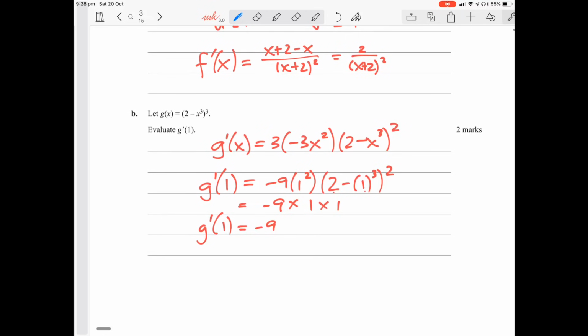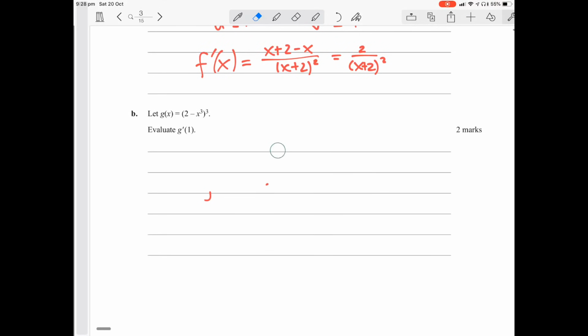G dash of 1. Of course here, I'll just quickly show you, you could have used the chain rule as well. Just for anyone who doesn't know how to do it the quick way. Okay, so let u equal 2 minus x cubed. Therefore, g equals u cubed. U dash, when I derive that, I get negative 3x squared. G dash, when I derive that, I get 3u squared.